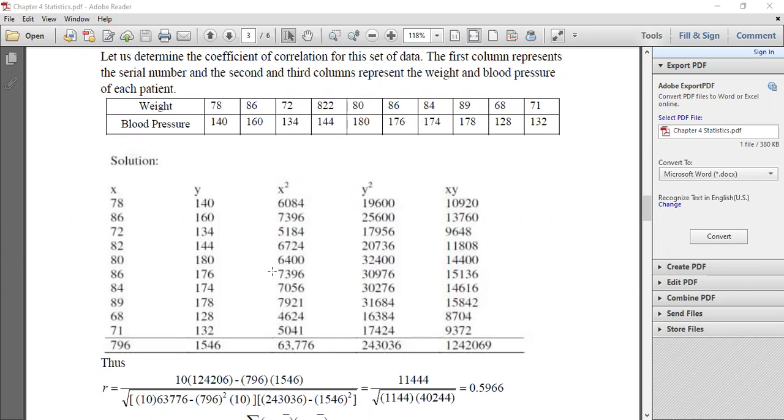Is it a decimal point, 63.776? Yes, it is. Oh, this comma. Yes, it is 63,000. No, okay, that is way too high.